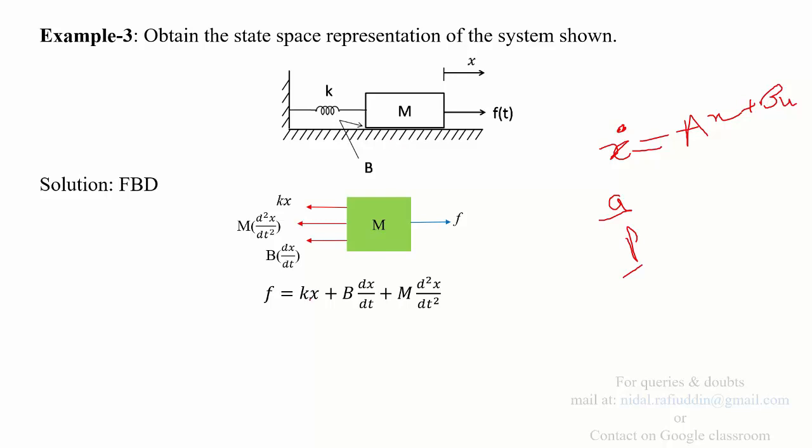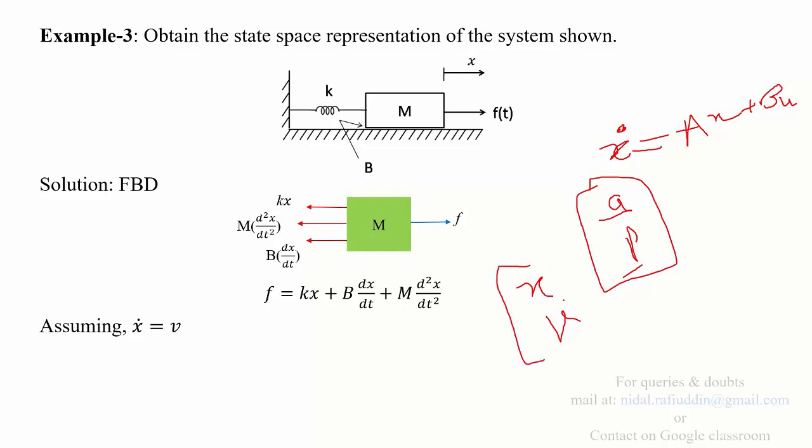So now we're going to assume one thing more. I have skipped the part of assuming the state variables, because this example is the simplest of all mechanical systems, and thus it was not required to assume the state variables separately, and I moved straight to the second step. One thing more is that in the case of mechanical systems, you'll find the state variables are always x and v, displacement and velocity.